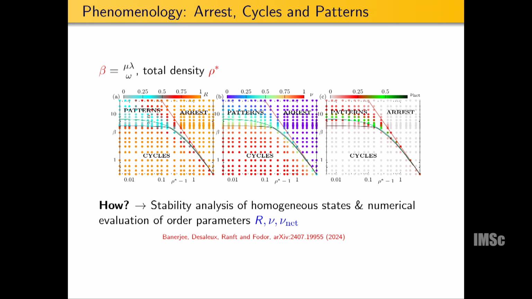So once you have this green line, then you would like to understand what sort of instabilities you can have in this system. You have two homogeneous states here, homogeneous cycles and homogeneous arrest. You do a stability analysis of both these states, and then you find out that there are two regions, one where the cycling states become unstable and the other where the arrested states become unstable, and then you probe what is going on.